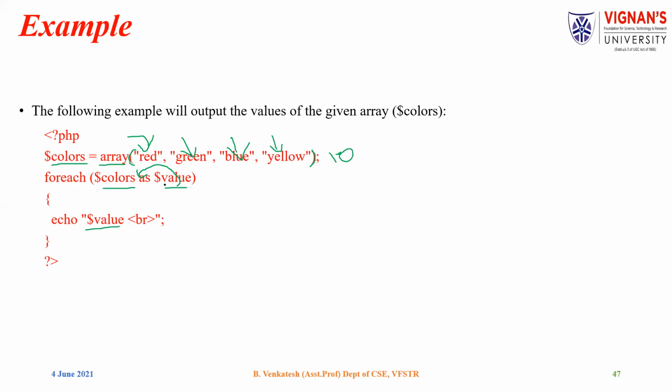So the color value is: first value red, second green, third blue, then yellow. It is going to give the output red, green, blue, yellow.